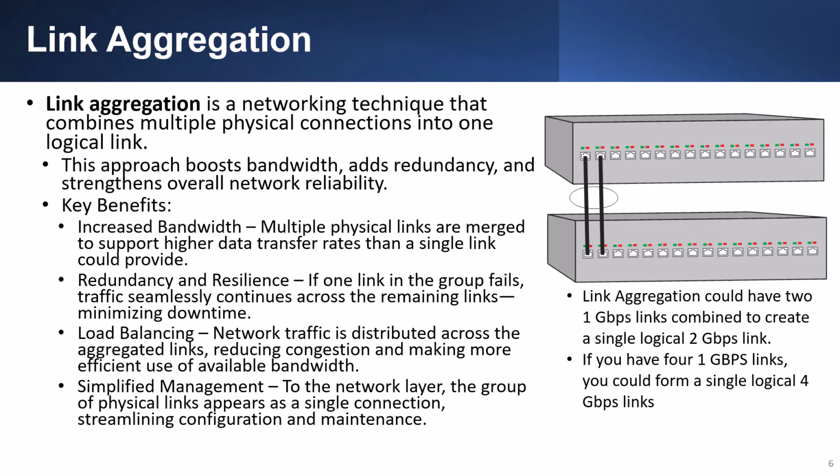Redundancy and resilience: if one link in the group fails, traffic seamlessly continues across the remaining links, minimizing downtime. Load balancing: the network traffic is distributed across the aggregated links, reducing congestion and making more efficient use of available bandwidth. And simplified management: to the network layer, the group of physical links appears as a single connection, streamlining configuration and maintenance.